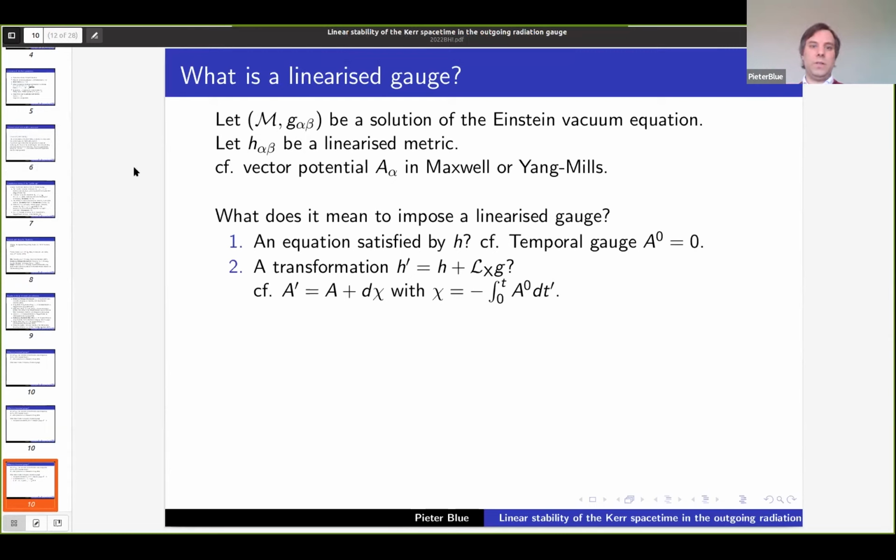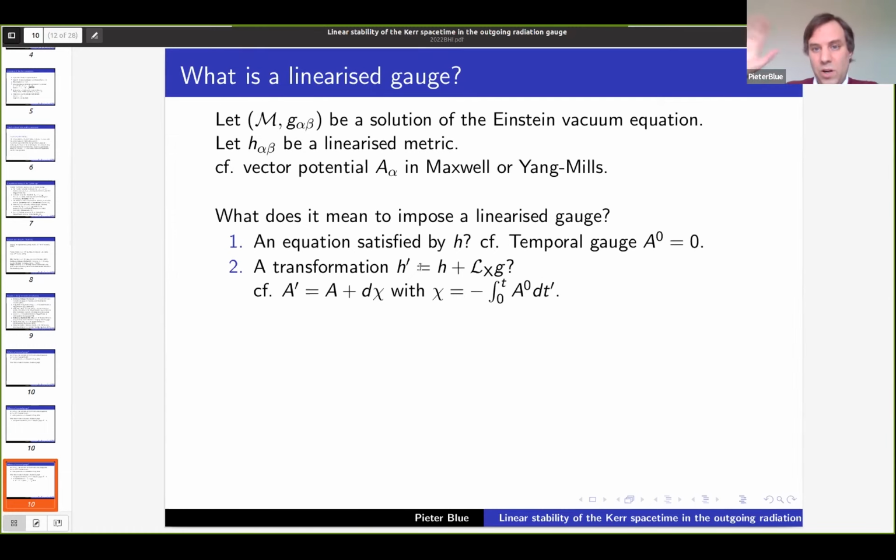Another concept that you might use to define a linearized gauge is to say that if you have the original metric perturbation H, you want to be able to do a linearized transformation of the metric, which is that you have a vector field X and you Lie drag the metric with respect to that vector field X and take the derivative to get a new linearized metric H prime.